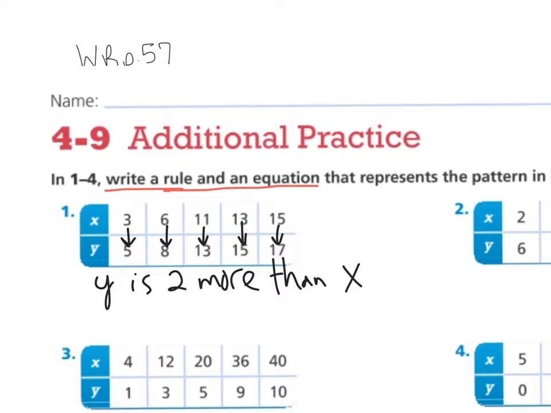or you could say y is x plus 2. You could kind of write out in words what your equation is going to be. Okay, and then your equation would be y equals x plus 2. Since they're adding, if you put y equals 2 plus x, that would also be okay.